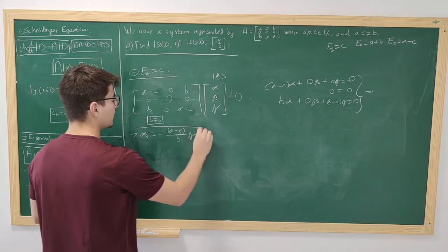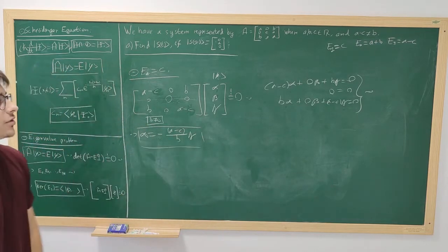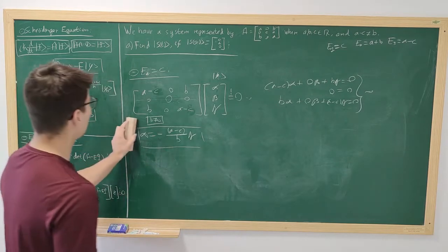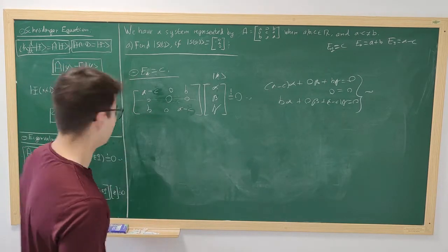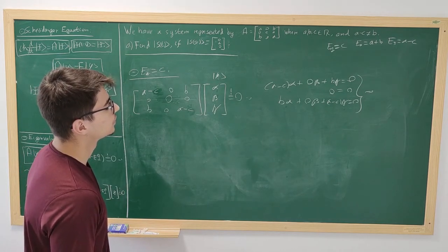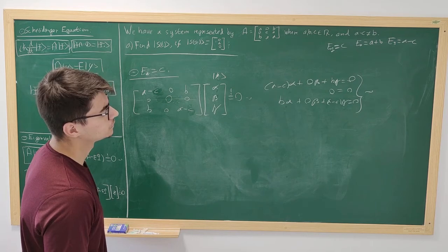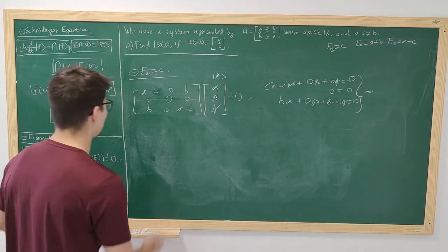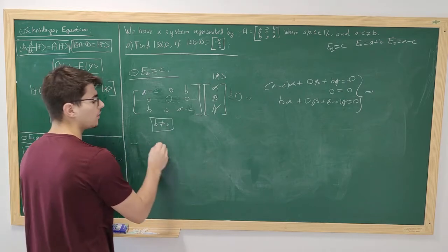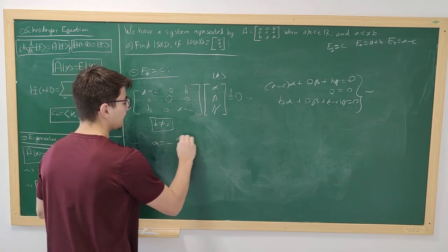So let's just assume that b is not 0, and we'll see that it's easier afterwards.